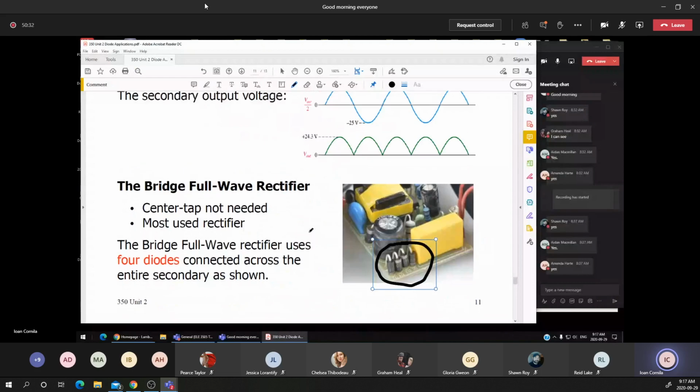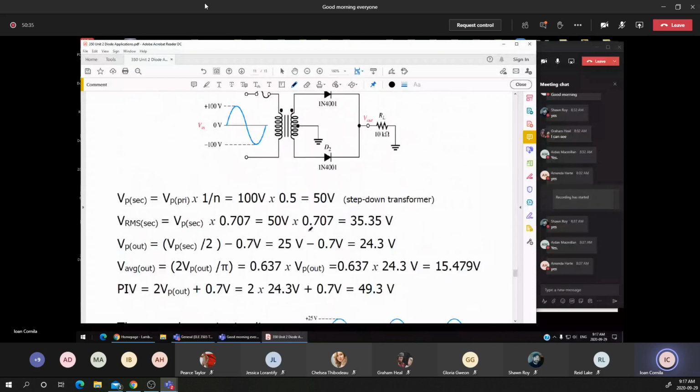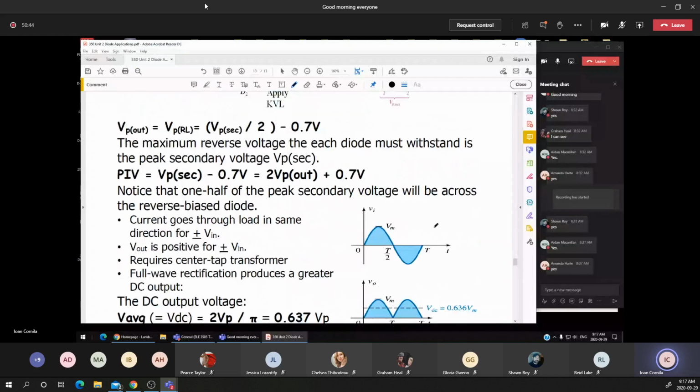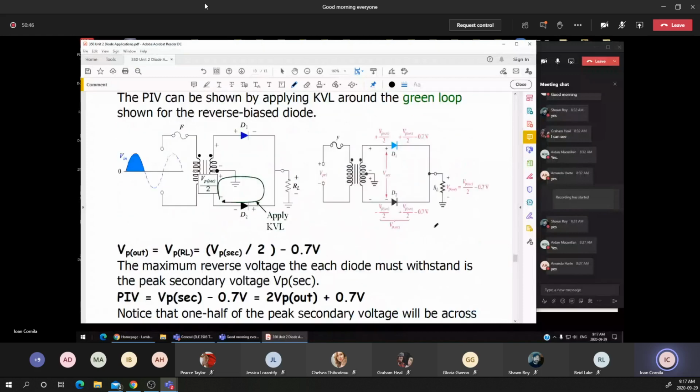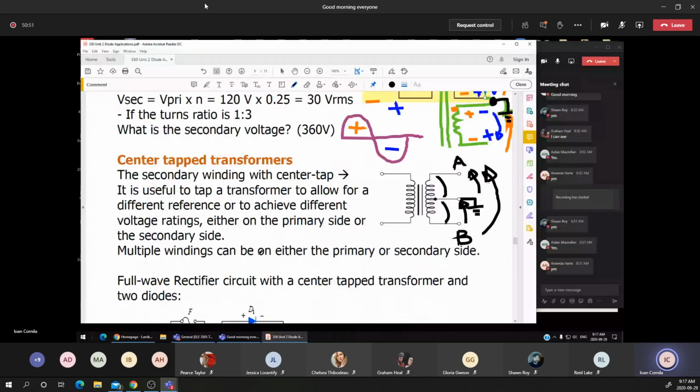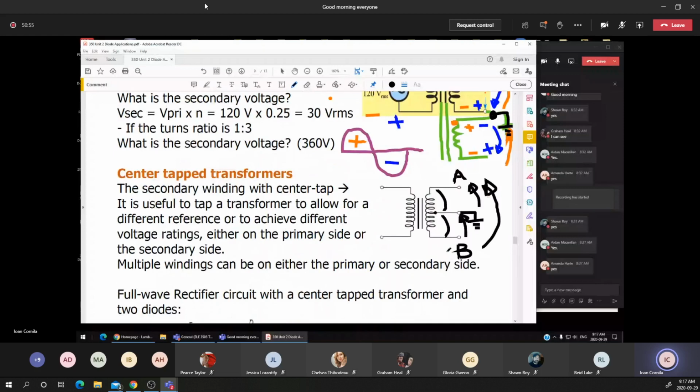There are advantages and disadvantages to both types of full wave rectifiers, and the equations and examples will be made tomorrow. Again, tomorrow we'll start with using the center tap transformer, and we'll discuss the center tap full wave rectifier and the bridge rectifier. Any questions, comments, concerns, guys?